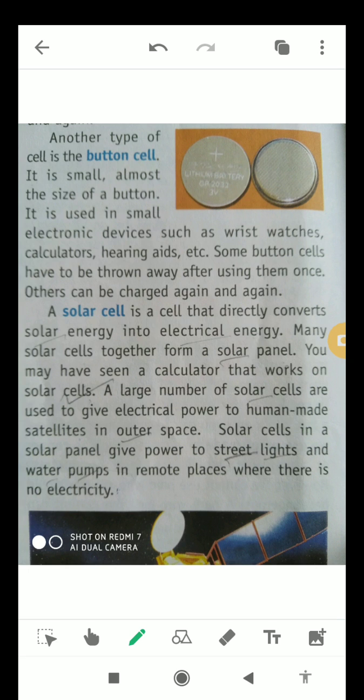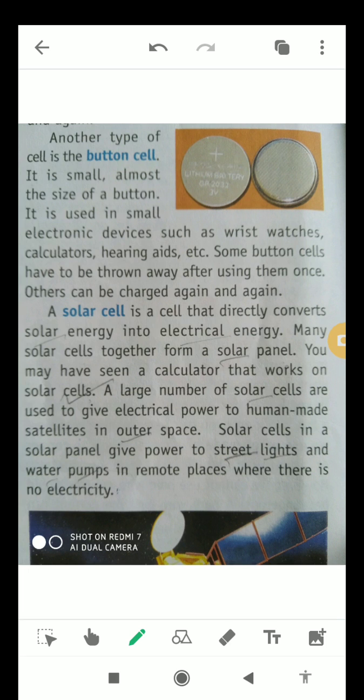Now another type of cell is the solar cell. A solar cell is a cell that directly converts solar energy into electrical energy. Many solar cells together form a solar panel. You may have seen a calculator that works on solar cells. So many calculators actually work on solar cells.